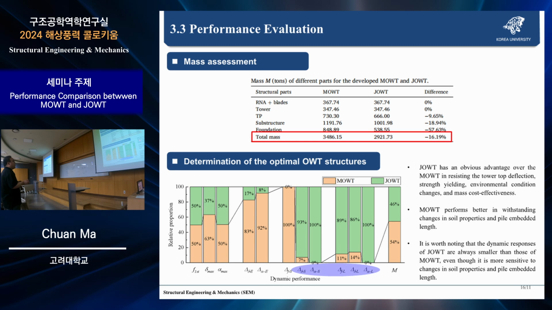The monopile of the wind turbine performs better in withstanding changes in the soil property and also the pile embedded length. But we should notice that the dynamic response of the jacket of the wind turbine is sensitive to the soil properties and pile embedded length, but it is always smaller compared to the monopile of the wind turbine.